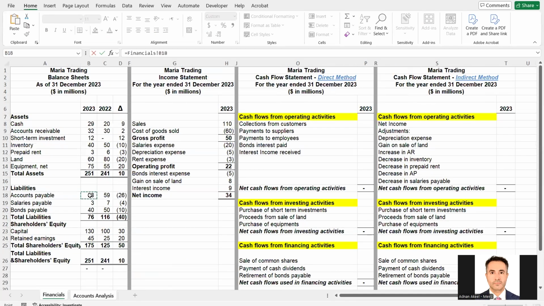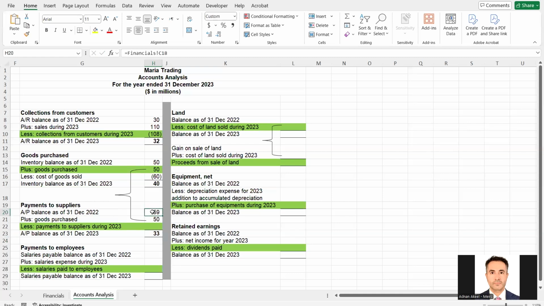It went down to 33. So I started the year with 59 and bought goods worth 50, so the total becomes 109. The 109 at the end of the year went down to 33. Why? The difference represents the actual amounts paid to suppliers during the year. This is simply calculated as the ending balance less the beginning balance less the goods purchased during the year. So now I know for a fact that I have paid my suppliers 76 million during this year.